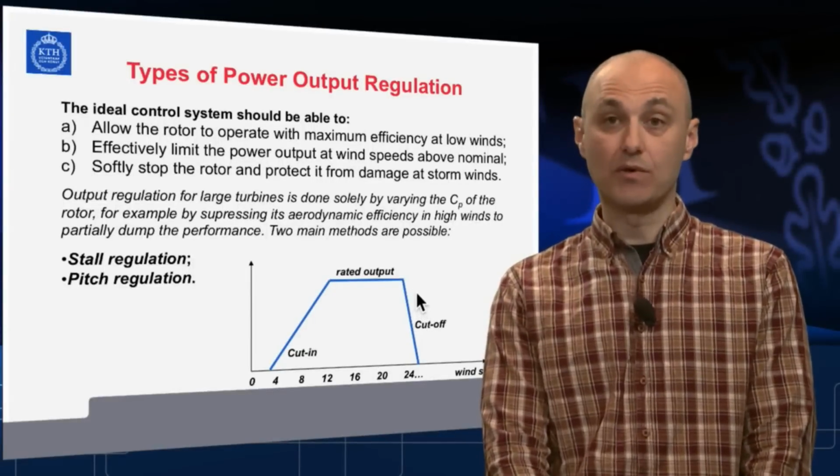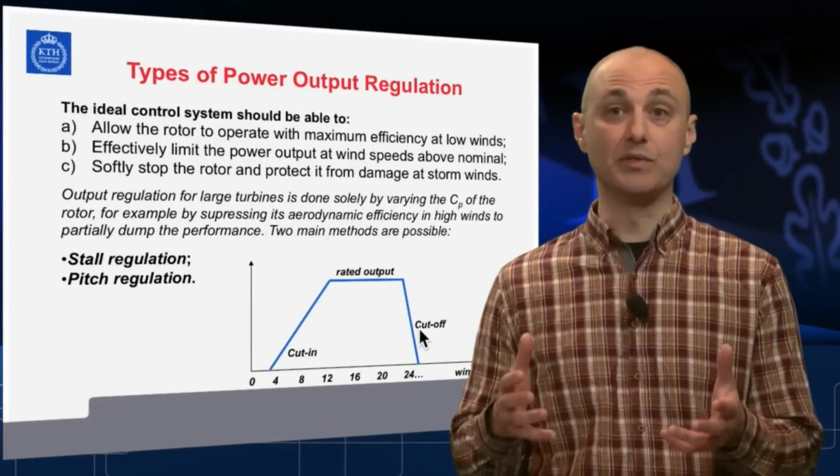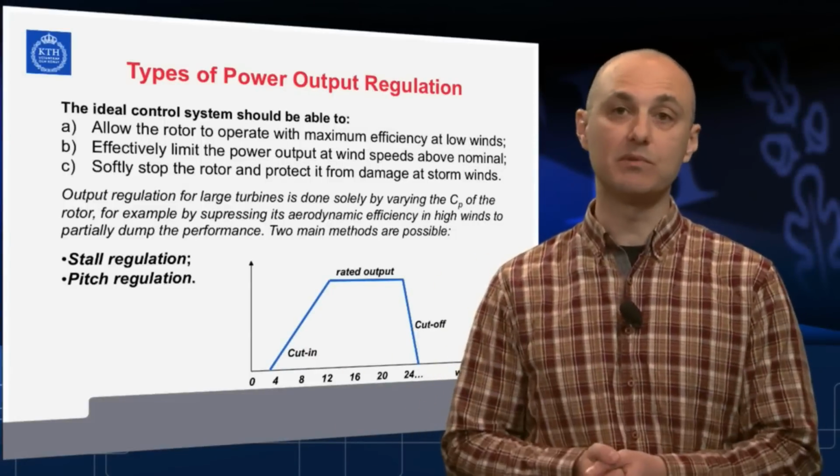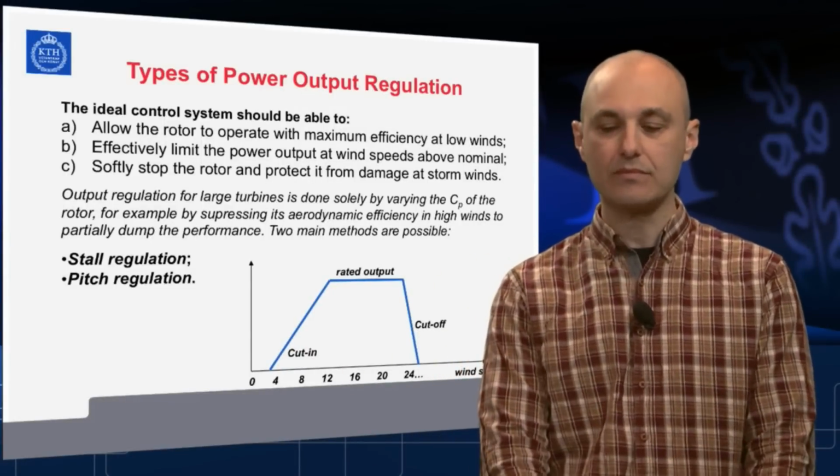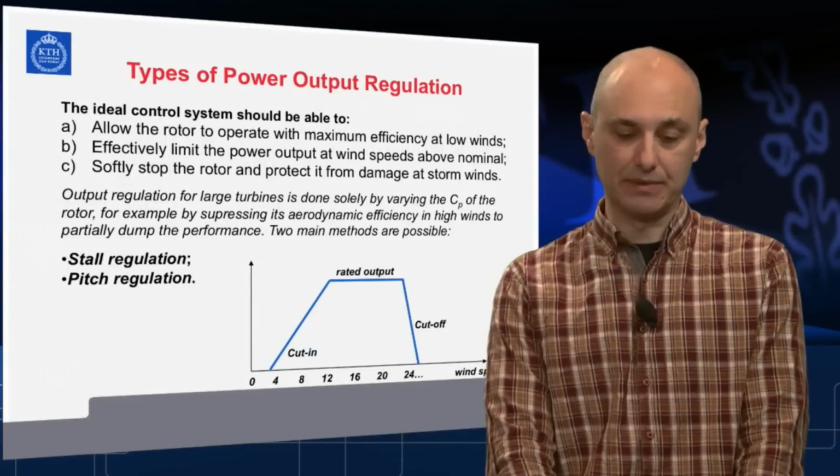Still, if there are strong winds, if you are able to use or convert as much energy as possible, that would be nice. At least nice for the return on investment.